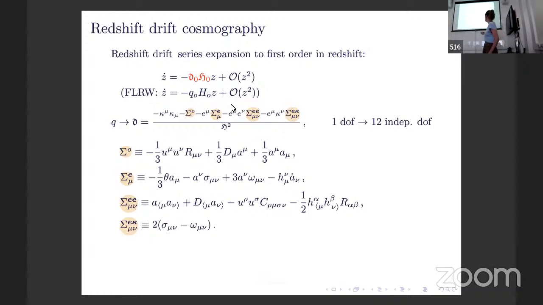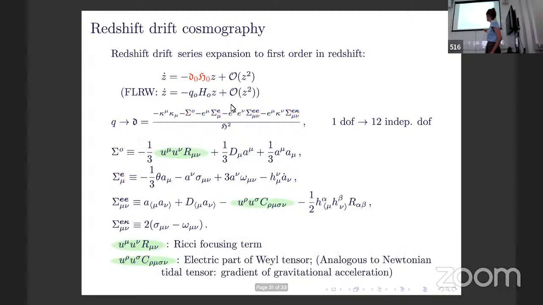And you can also analyze these coefficients if you will. I think I will not talk about this in so much detail. So there's a focusing term, which is the only surviving term in the FLRW limit.